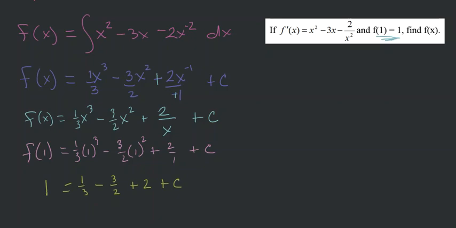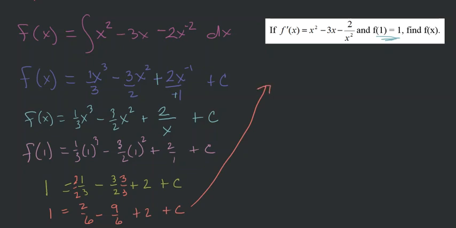Now with a little bit of simplifying here, looks like a common denominator for these two would be 6: multiply top and bottom by 2, and multiply top and bottom by 3. That's going to give me 1 equals 2/6 minus 9/6 plus 2 plus c.